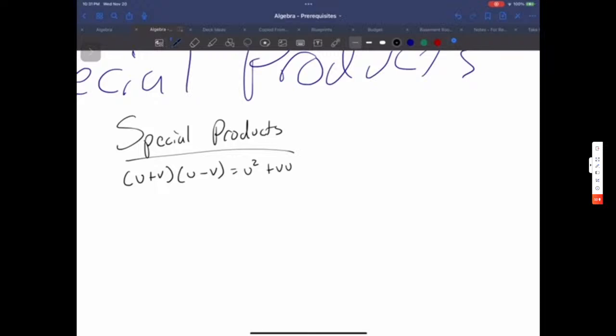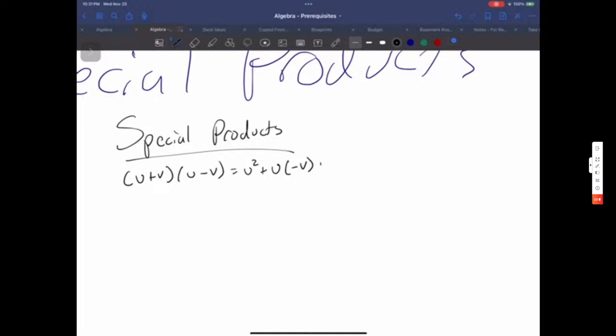If you really think of it, we're multiplying that first u by this u, and then this u by the v, so we have uv. Then we have plus u times a negative v, which is the second term of the second polynomial.